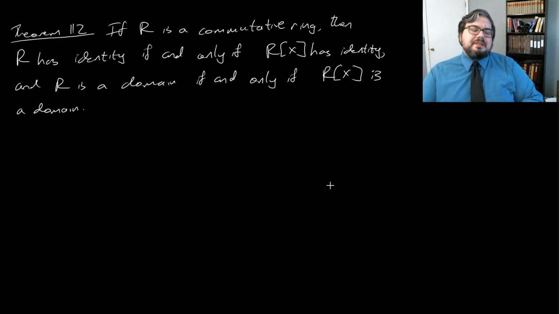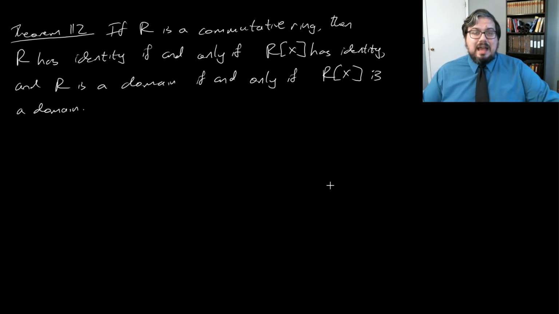So the coefficient ring and the polynomial ring have to have the same properties in terms of having an identity or not and being a domain or not.